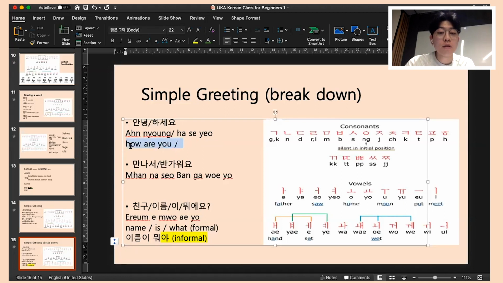I think it just means be well. Yeah, 안녕 is to be well, and 하세요 is the formal expression.